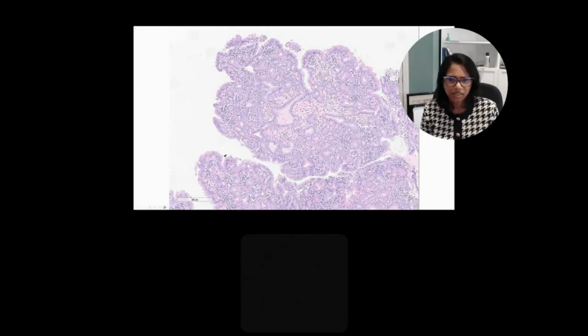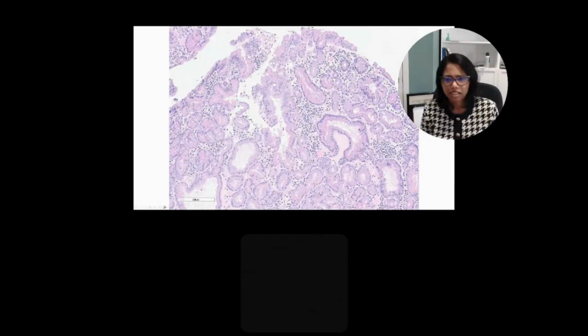In this case, it's very bland: nice, round, basally located nuclei with abundant eosinophilic cytoplasm, tightly packed glands with very minimal lamina propria between them, and to me, this looks negative for dysplasia.